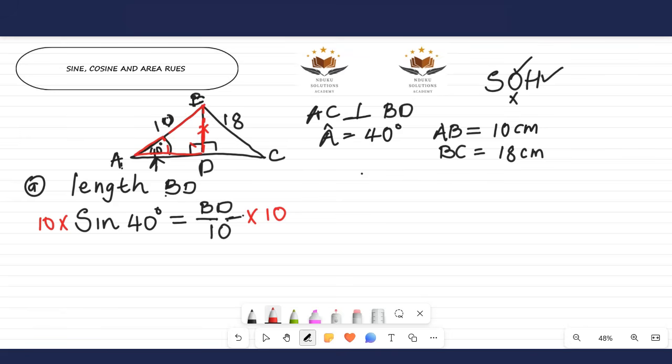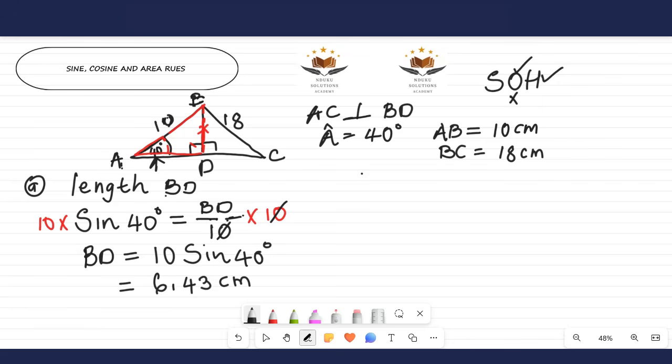And then we can say BD will be equal to, because this 10 will divide this 10, 10 sine of 40. And you press this in a calculator, it will give me a value of 6.43 centimeters. Remember, this is just our revision.